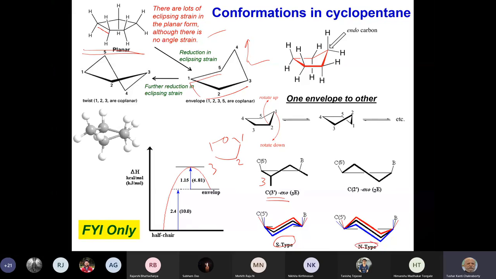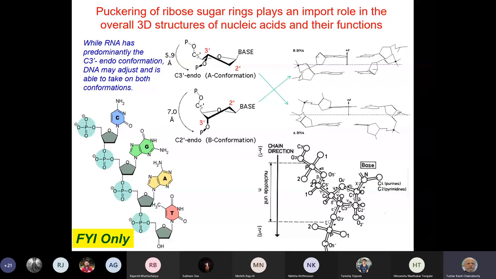If you go to DNA or RNA, the puckering of the ribose ring plays an important role in the overall 3D structure of nucleic acids. RNA is predominantly C3 prime endo, which means you have this particular conformation in the case of RNA. You can see there is an oxygen here.